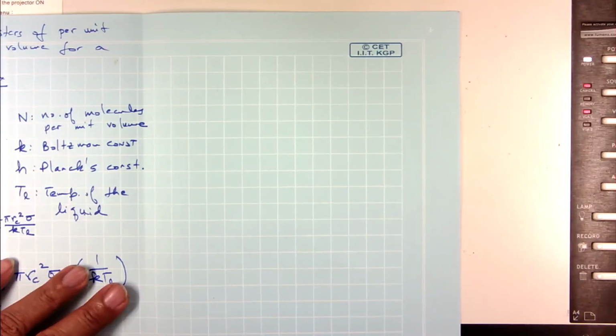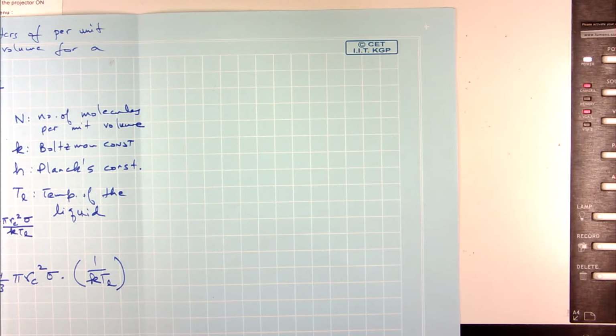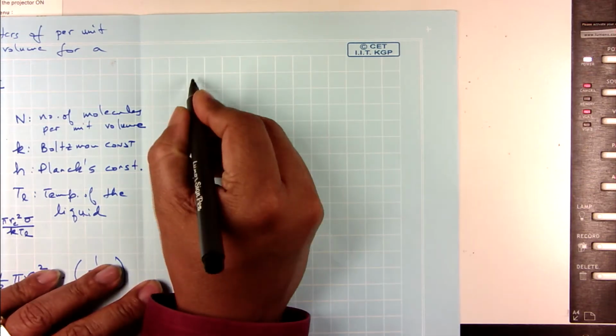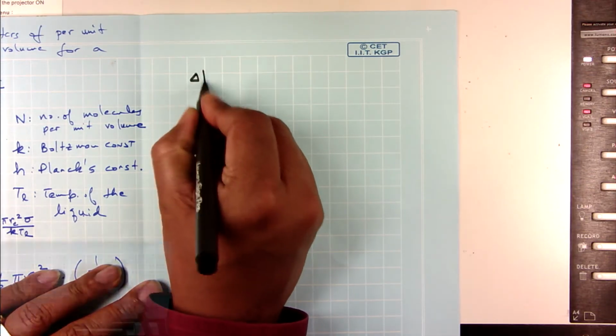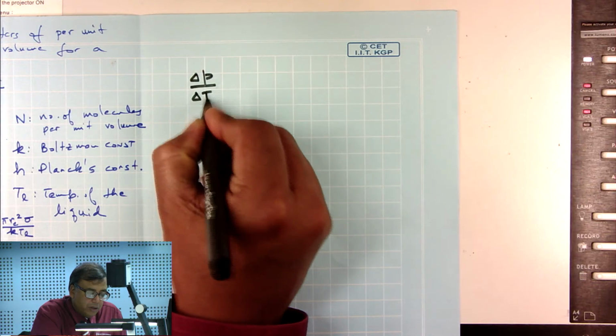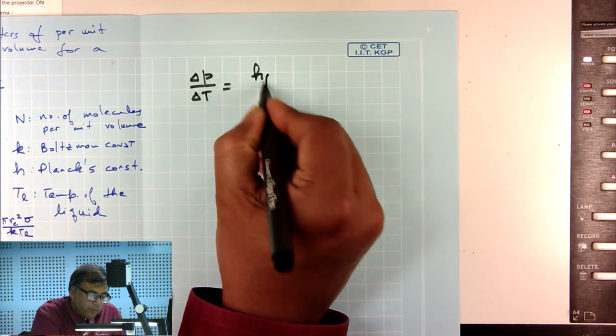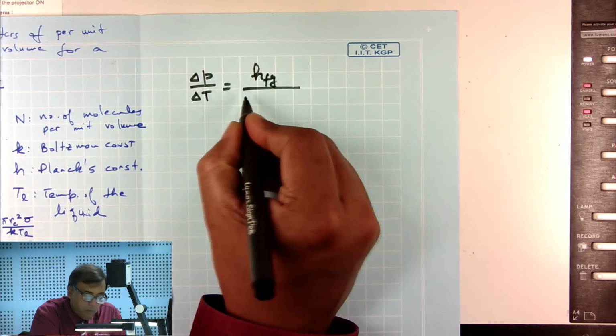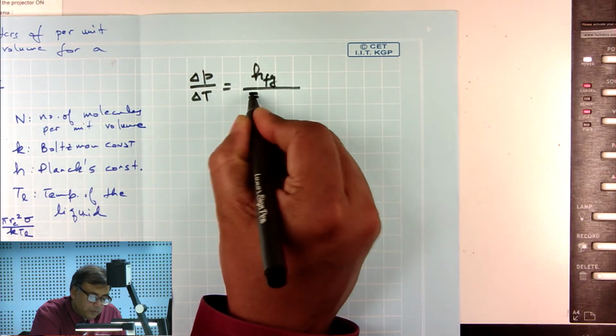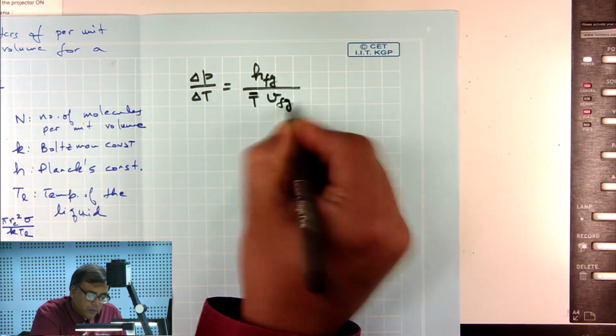Okay, so let us go back to the Clausius-Clapeyron equation. What your Clausius-Clapeyron equation tells you is how much your saturation temperature changes as the system pressure changes, right. So, your Clausius-Clapeyron equation is given by, okay.